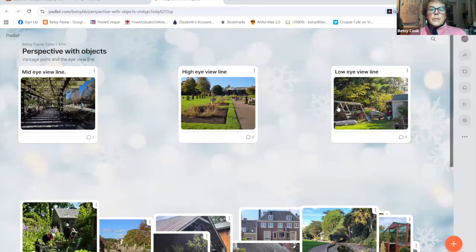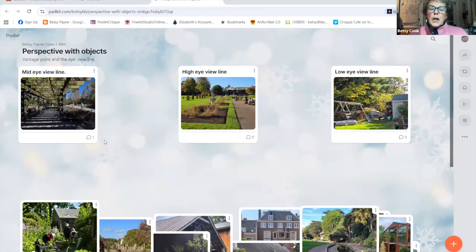I spoke about it last time: the eye view line is another word for the horizon. We can easily see a horizon line by the ocean, where we have the water and the sky.